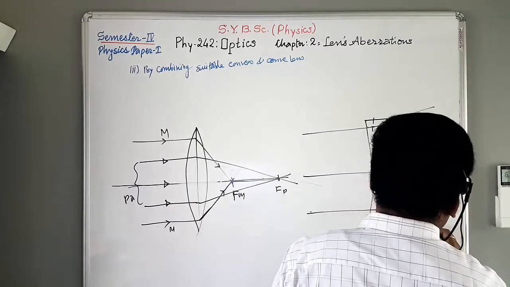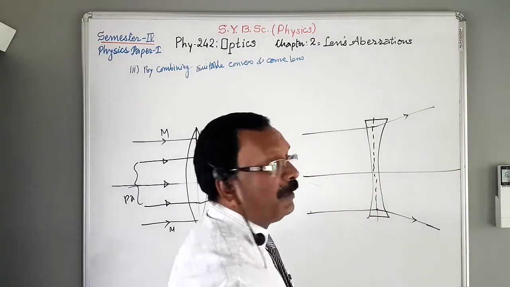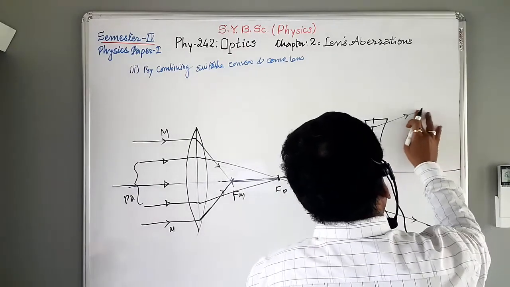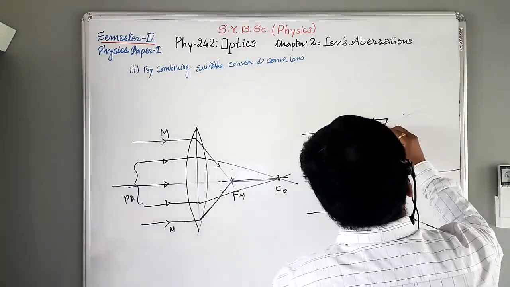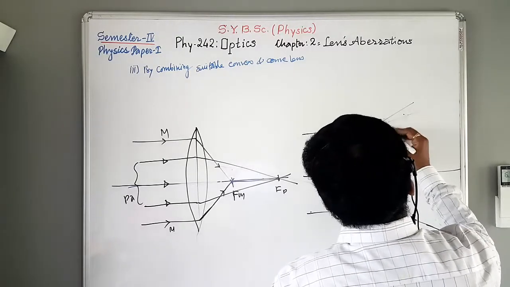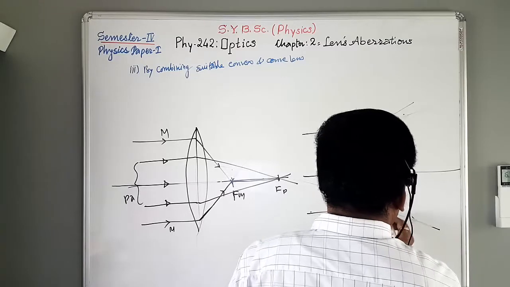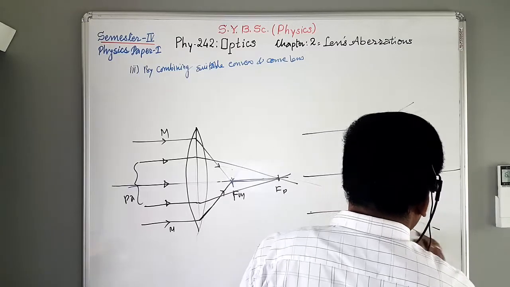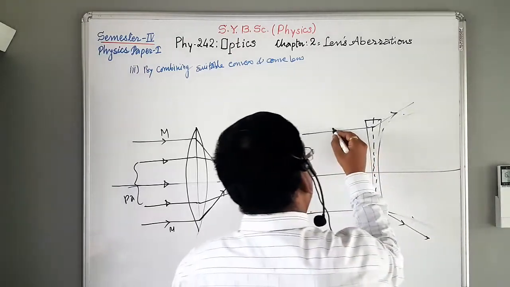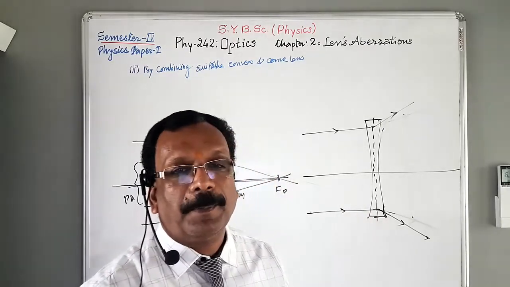These marginal rays are diverged from the principal axis. This is the refraction of marginal rays.